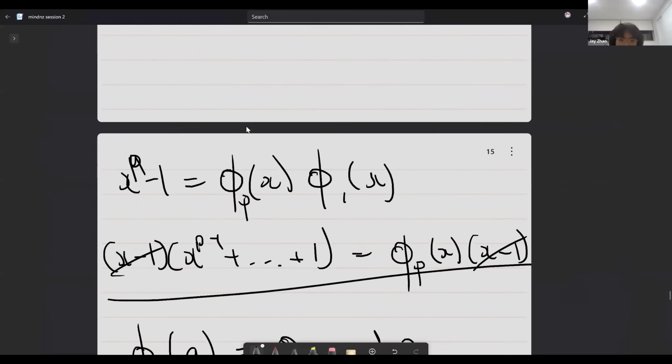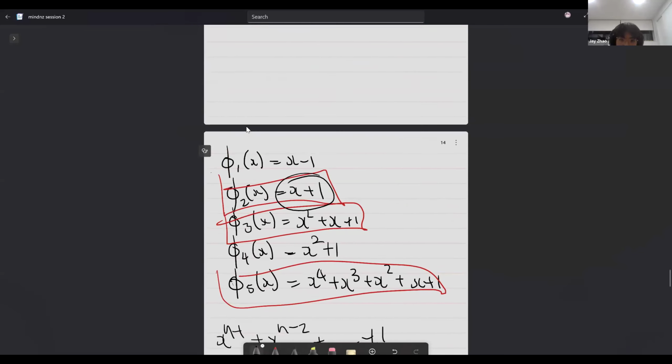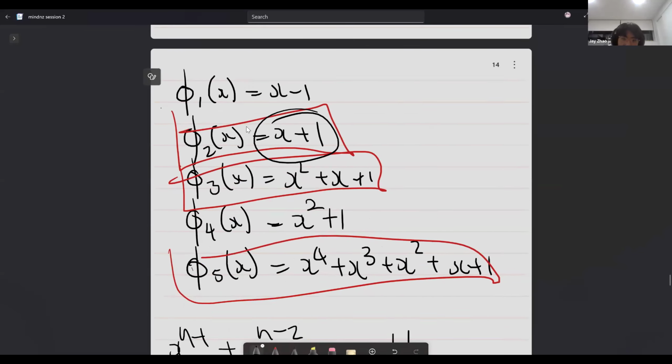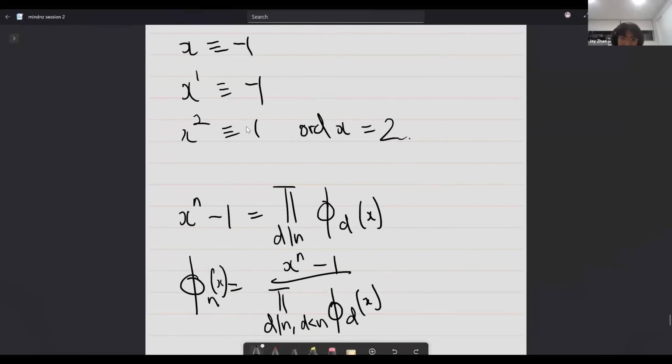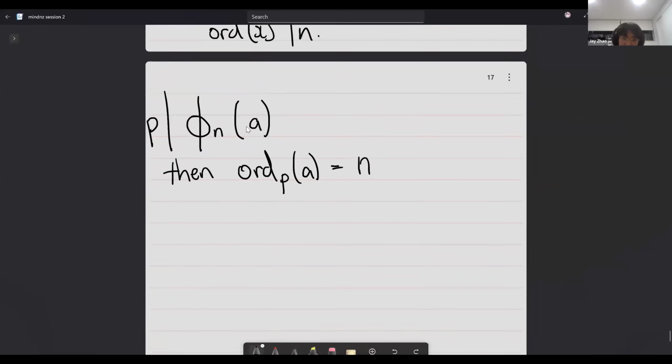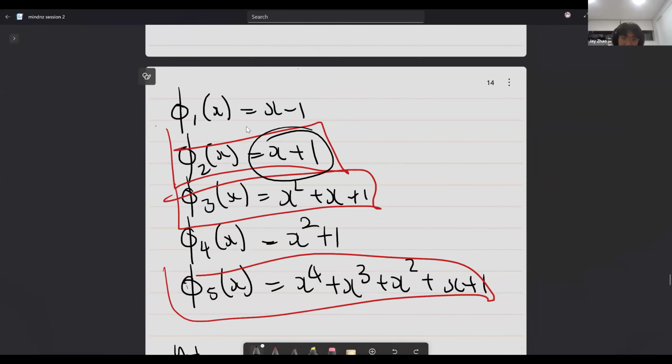And then you might have noticed here that all of these polynomials have integer coefficients, and that's always true. And if you consider the constant term, it's always plus or minus 1.